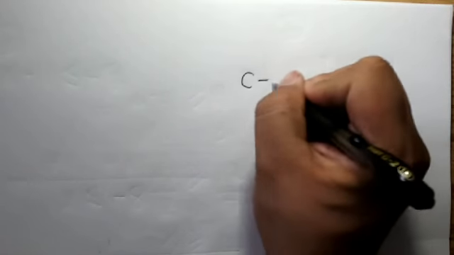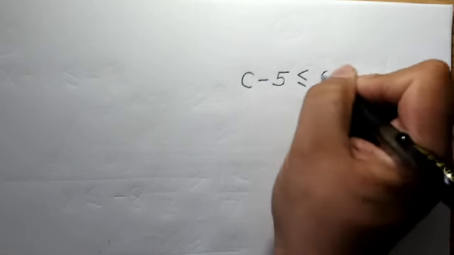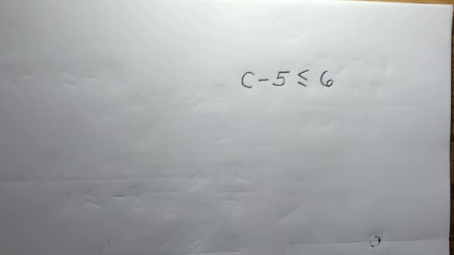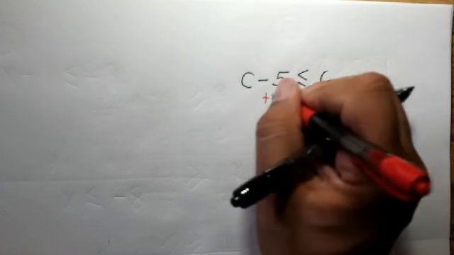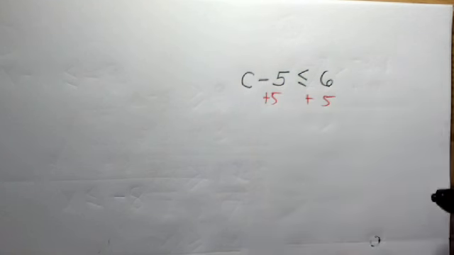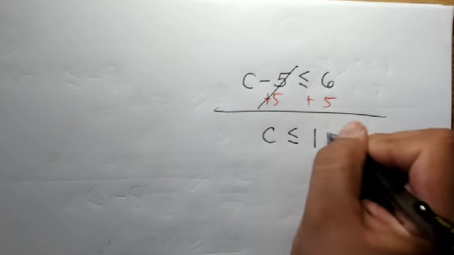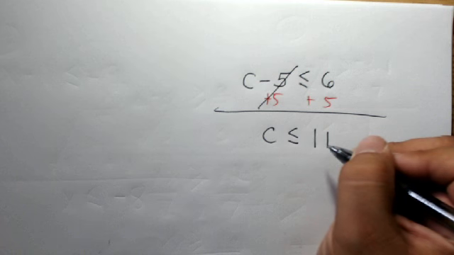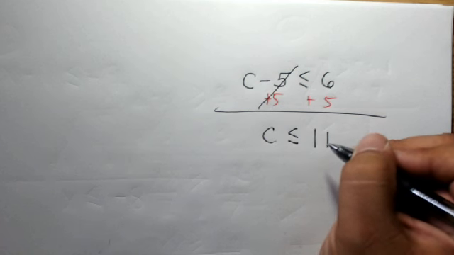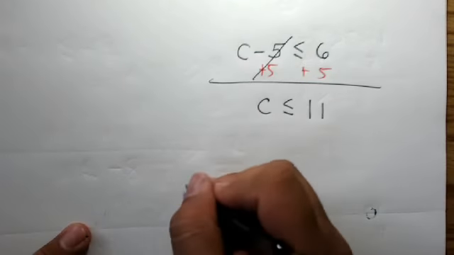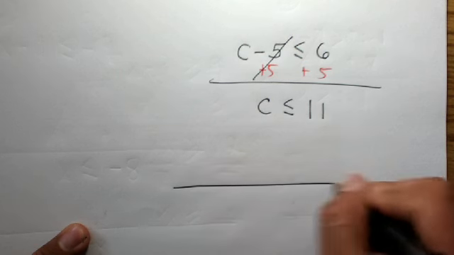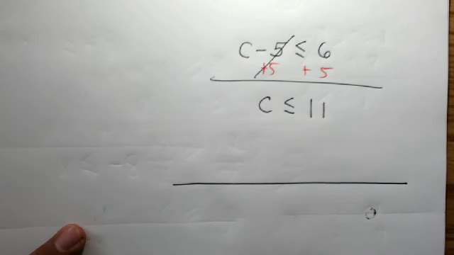Let's see. Number 27. C minus 5 is less than or equal to 6. What would be the next step? Plus 5, plus 5. C is less than or equal to 11. Okay. Now, is the variable on the left side?